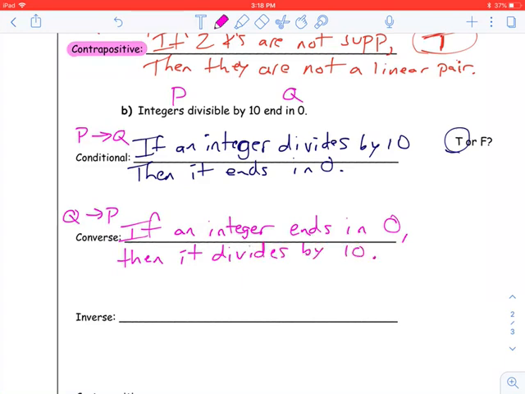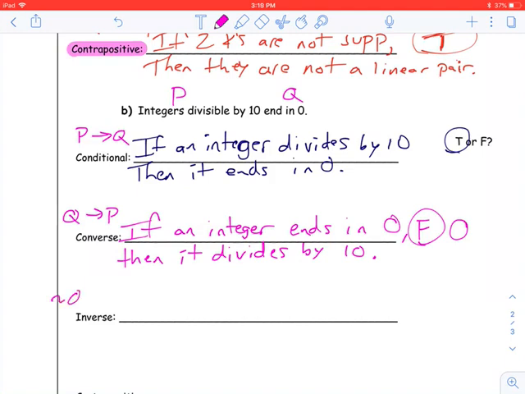Is that true? Well, 0 ends in 0. Since 0 ends in 0, that would not be the case. If an integer ends in 0, and 0 is an integer, that would be false.